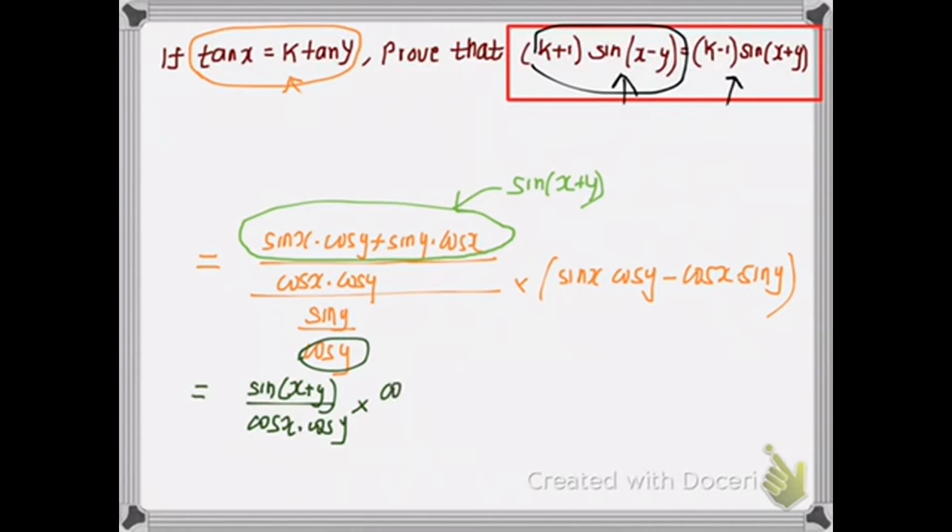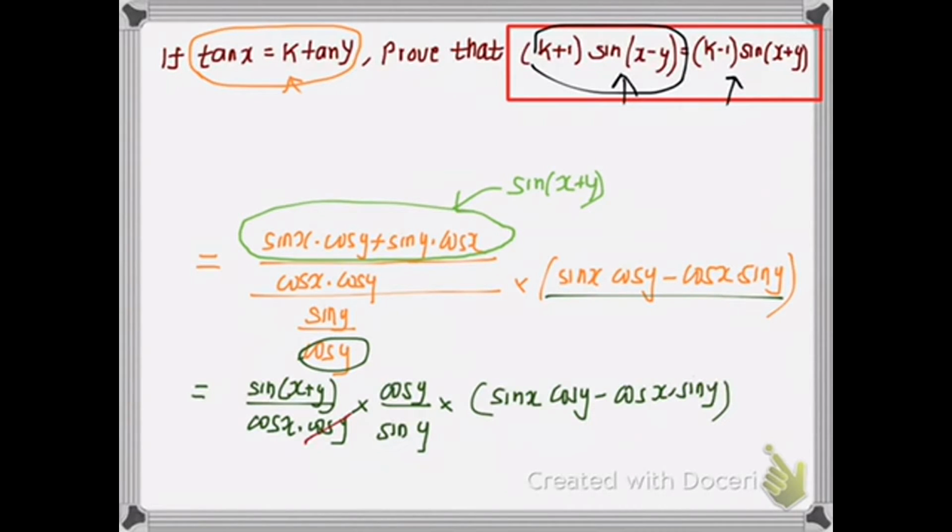So cos y becomes my numerator, and here comes my denominator sin y, and then the remaining term. Now I can simply cancel cos y, and then I have sin x plus y. So if we look at my right hand side, here we have already got sin x plus y. Now we just need k minus 1.